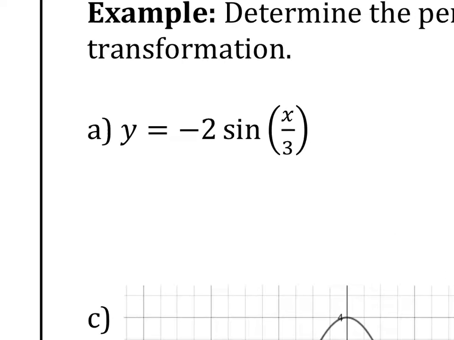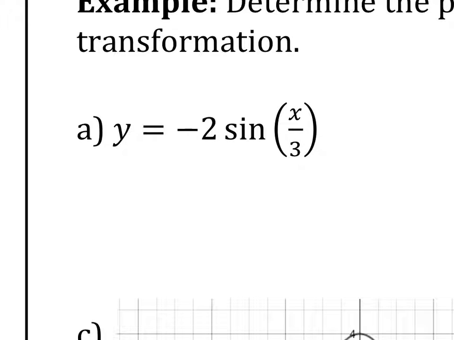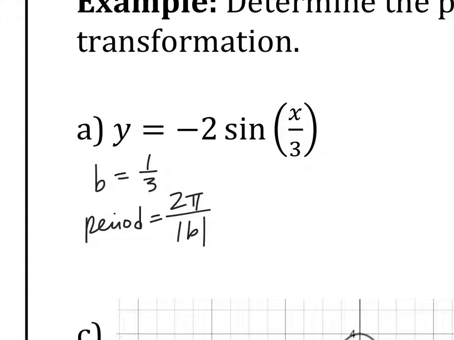If you look at this equation here, what number is B? B is the number that's multiplied to X. 1/3. Okay, so then the period is 2 pi over absolute value B. So it's 2 pi over 1/3, which is 6 pi. So it takes 6 pi for it to repeat itself.